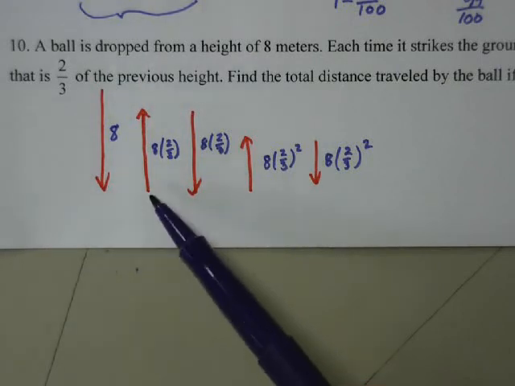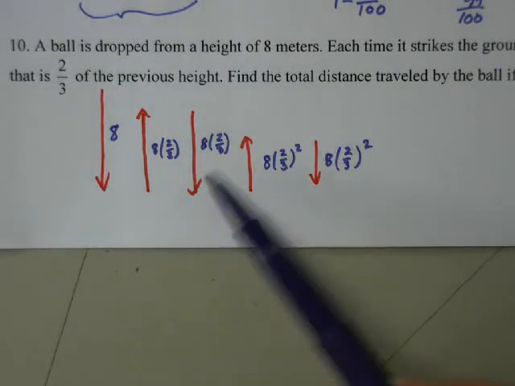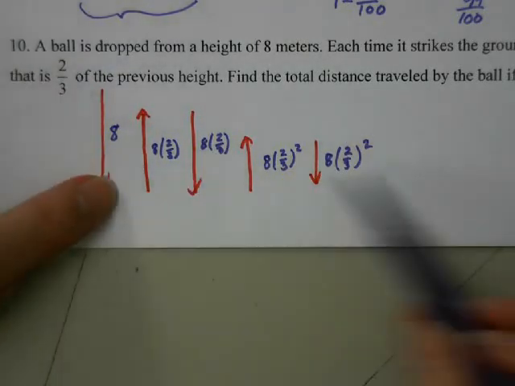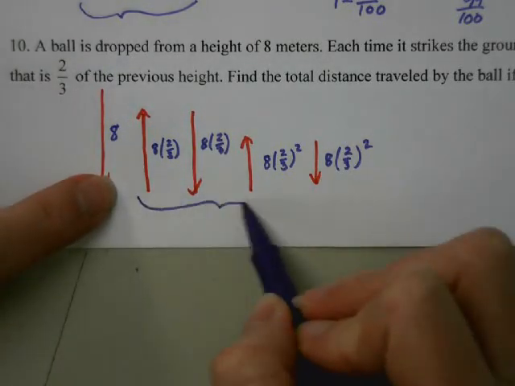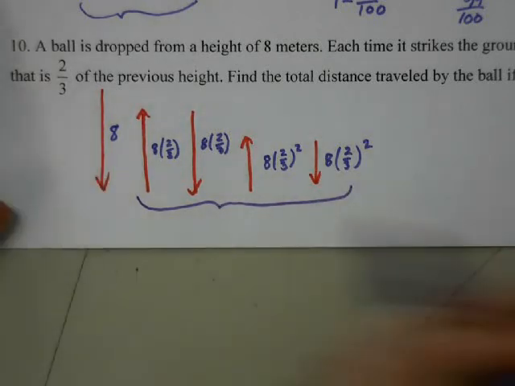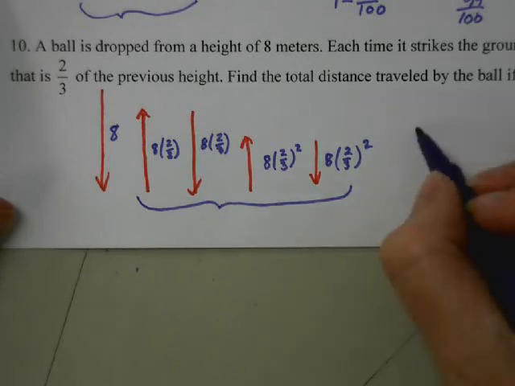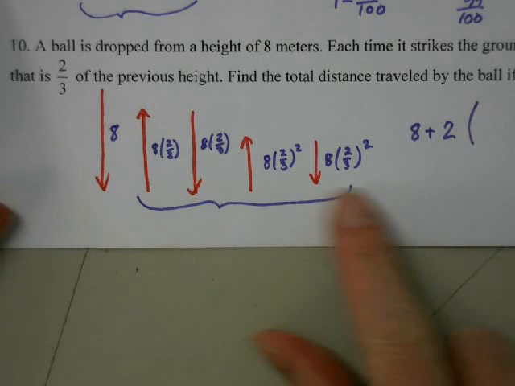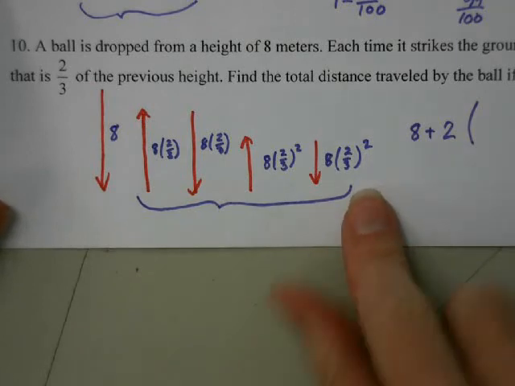But we're multiplying by 2/3 here and not here, 2/3 here and not here. So I'm repeating these ones. So I'm going to group these and then just add on the 8 because that's the only one that's not going to get repeated. So I'm going to have 8 plus 2 times the infinite series representing all of this.